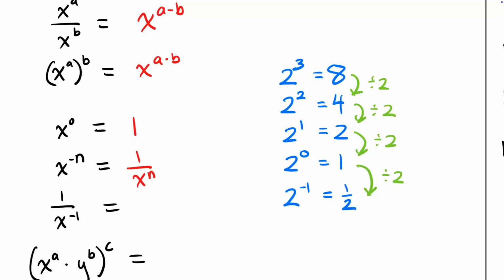And I'm going to make this more generic in this case as well. What if I already have something that's flipped, and I have a negative power? I flip it again, and now x is not in the bottom, it's in the top. And it's x to the power of, it's not a negative power anymore. Again, this negative went to a positive, and now this negative is also going to go to a positive.